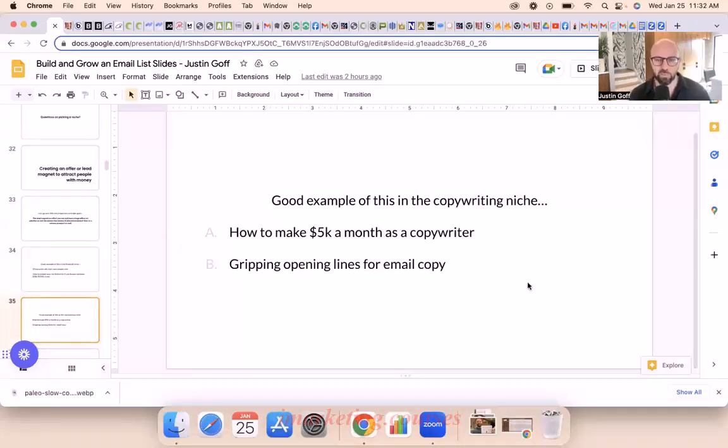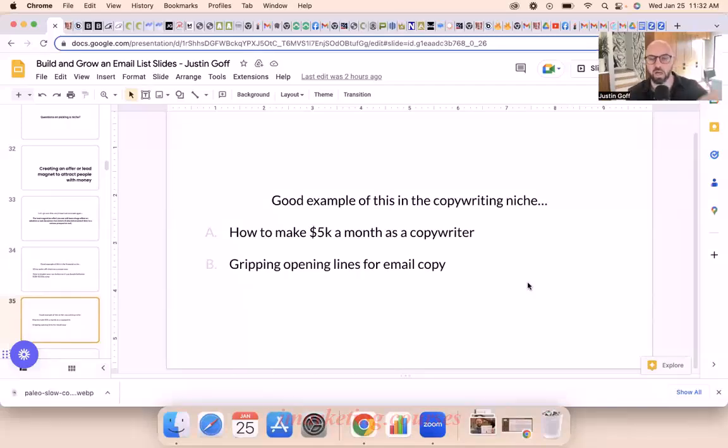Another example of this in the copywriting niche. Let's say you had a lead magnet, how to make $5,000 a month as a copywriter, versus one that was gripping opening lines for email copy. How to make 5K a month as a copywriter is mostly going to appeal to newbies and biz op seekers and people who really aren't even in the copywriting niche.